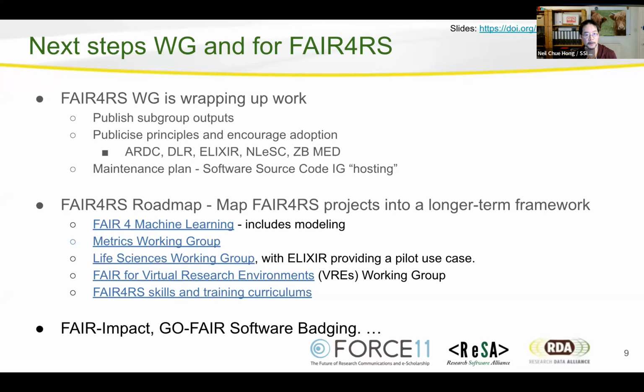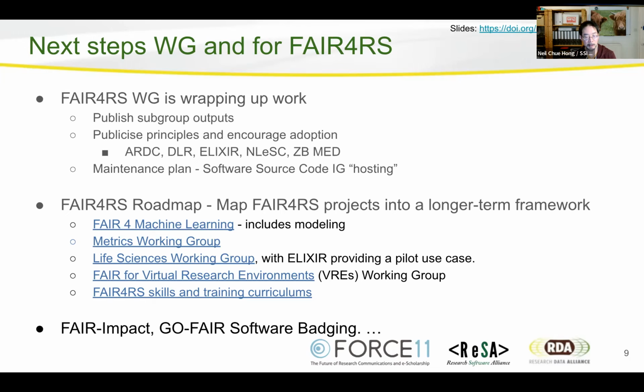So what comes after the FAIR4Research software working group will help take forward the adoption, the implementation, and the guidance around the FAIR principles for research software. Also allied to this is our work on FAIR4Research software skills and training curriculums, courses, guidance, and training materials.